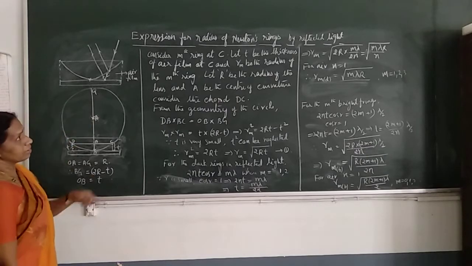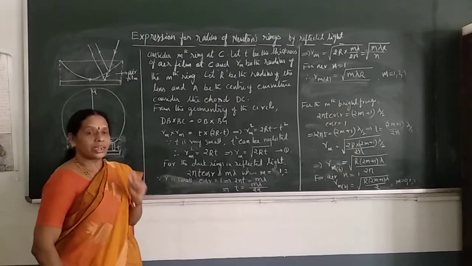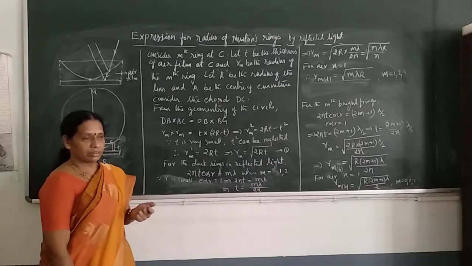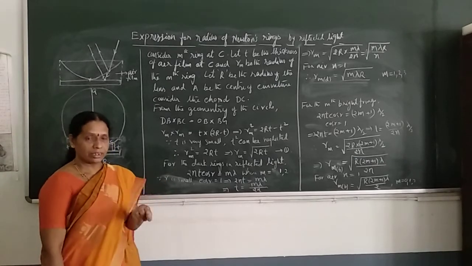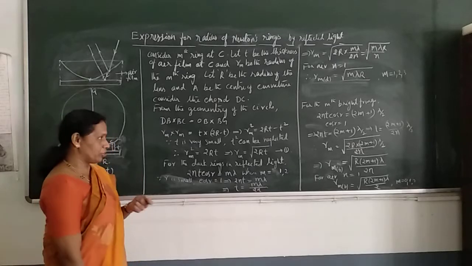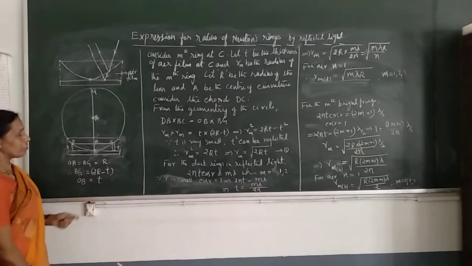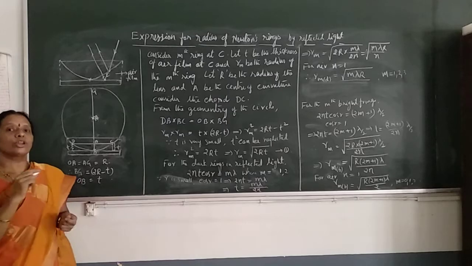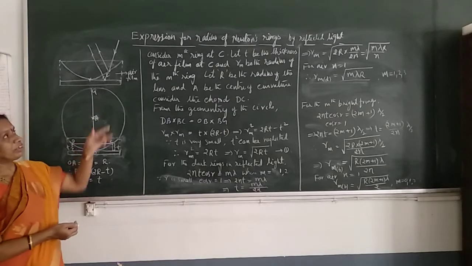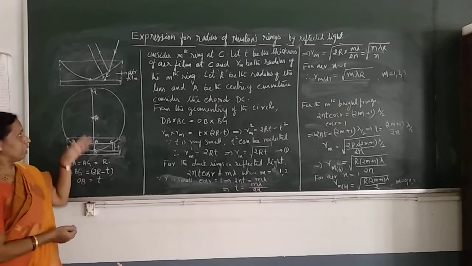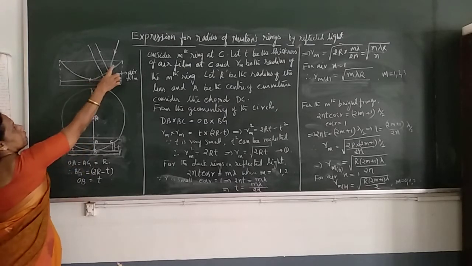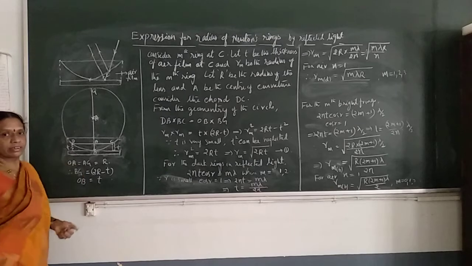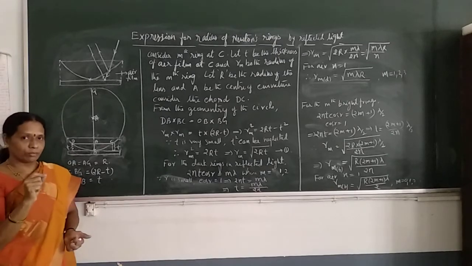Now, using these things, let us get the expression for the radius of Newton's rings, bright as well as dark. In the field of view, alternate bright and dark rings are observed. Why are the fringes circular in shape in this Newton setup? At this point the lens and the plate are in contact, so the thickness of the air film is 0.